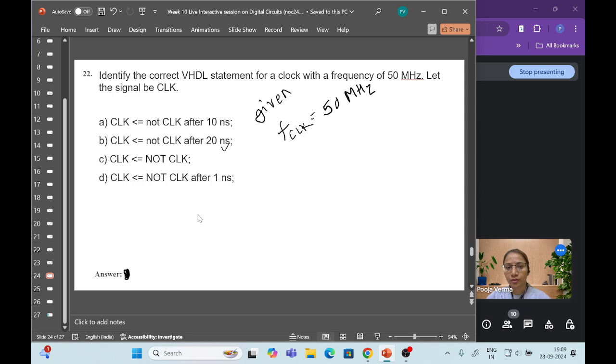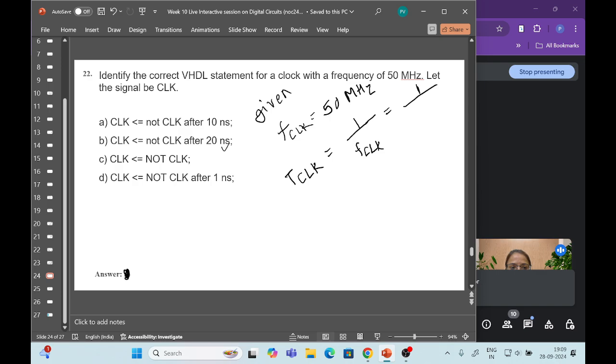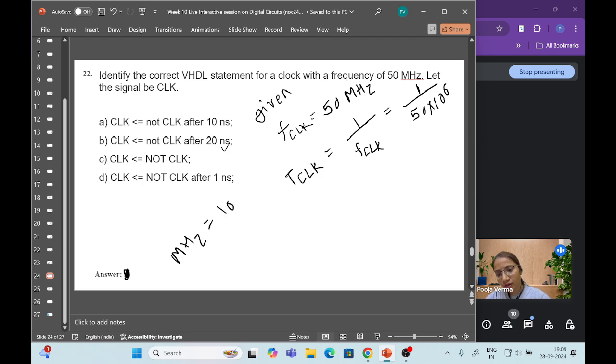Okay, so here they have asked in nanosecond, that means we need to find out the T clock. That means 1 by F clock, the time period of the signal. So that is 1 by 50 megahertz. Already we know that megahertz means 10 to the power 6 hertz.